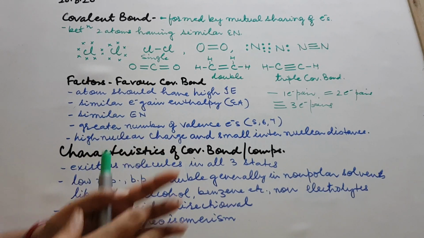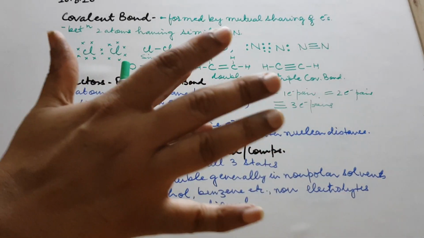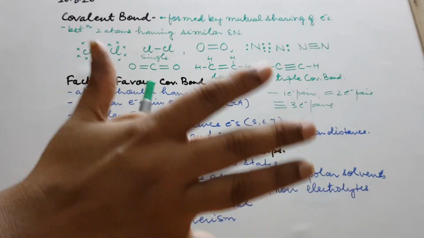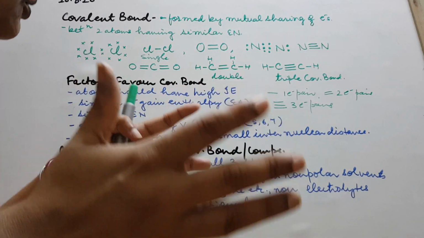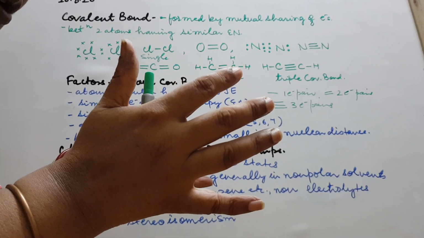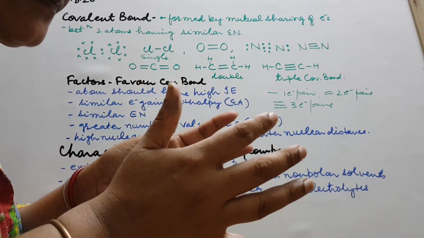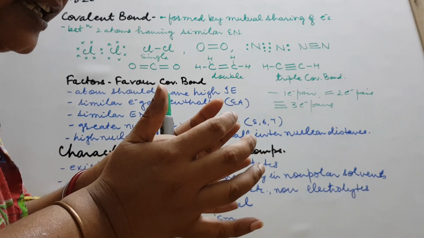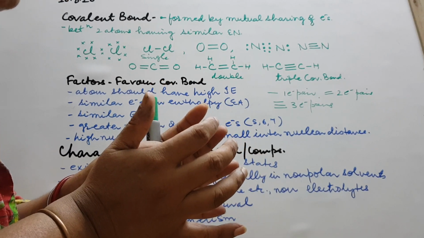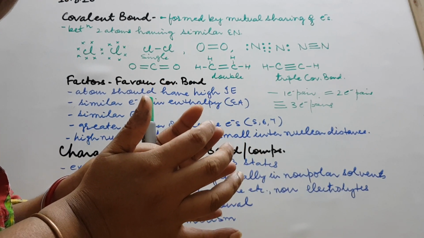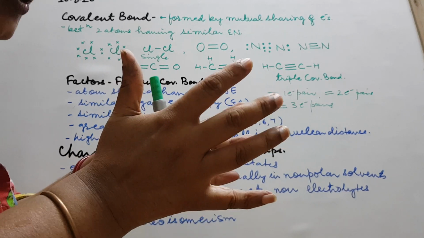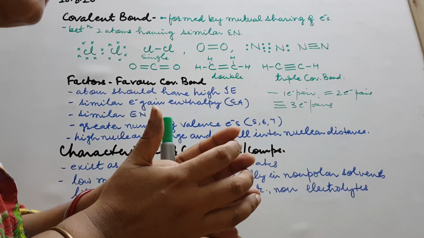High nuclear charge. Both the combining atoms should have a good, strong, highly positive nucleus, and the distance of the nuclei of the two combining atoms should be less, so that they are easily, tightly holding the electrons in between. Electrons negatively charged and nucleus positively charged, so electrons are tightly held there.